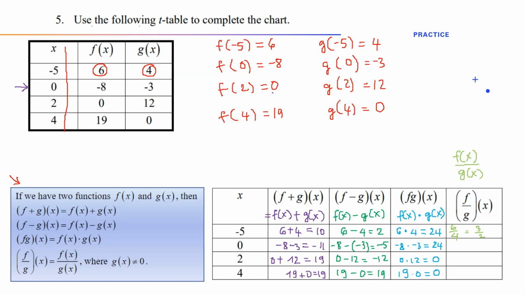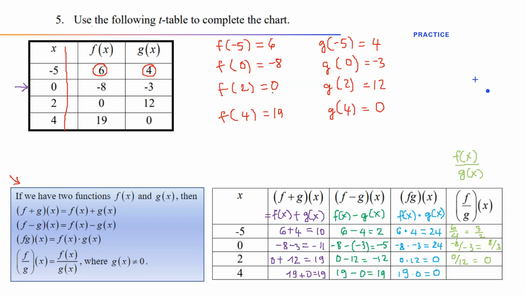Okay, next one, we have f of 0 is negative 8. Negative 8 divided by negative 3, that is 8 over 3. The negative is cancelled out, right? Now f of 2 divided by g of 2. So 0 divided by 12, that is 0.